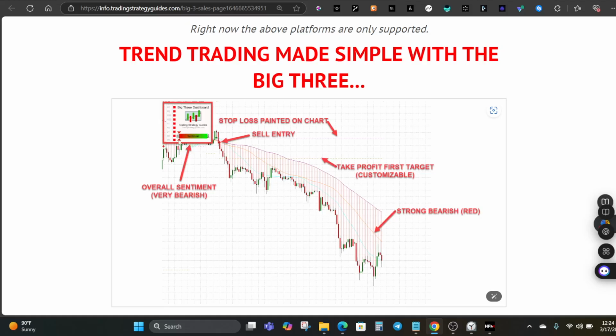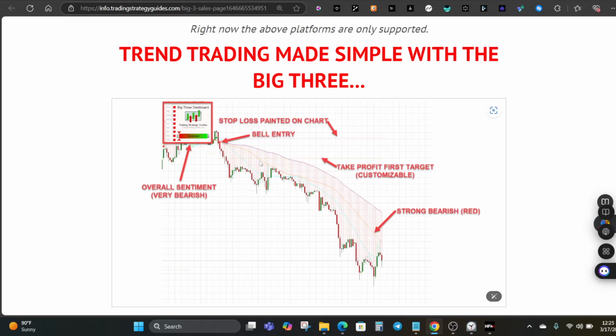And then you will notice that the Big Three dashboard also helps you know the current sentiment in the market. Yeah. So you will notice that once the conditions are aligned, you're going to get your precise entry point and suggestions of possible stop loss and take profit levels. Then you can execute your trade accordingly.